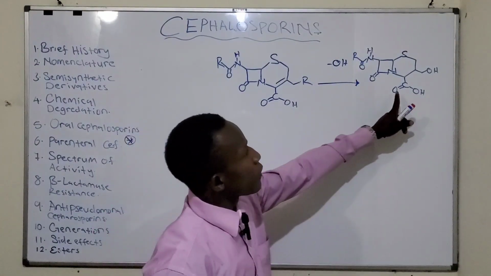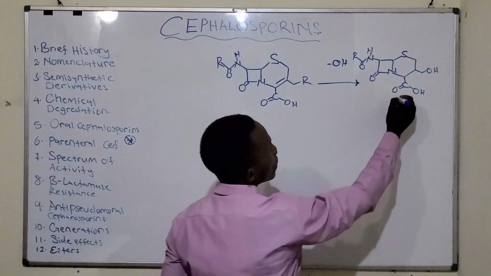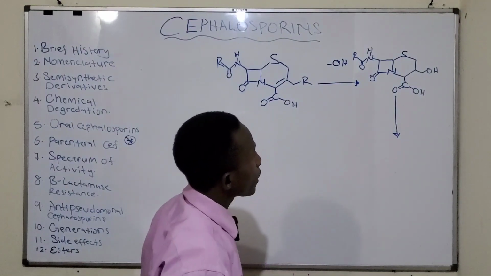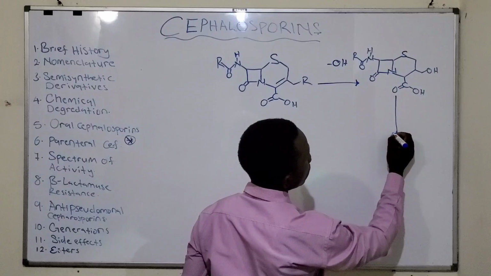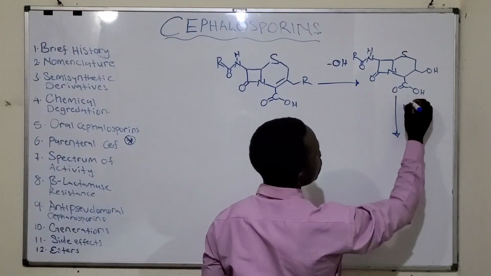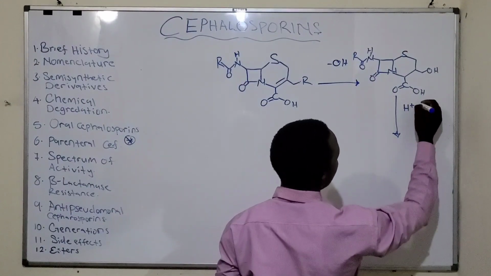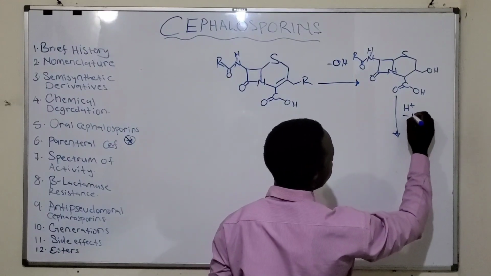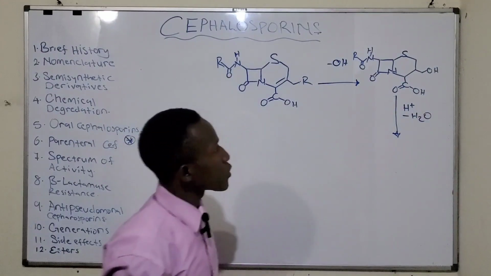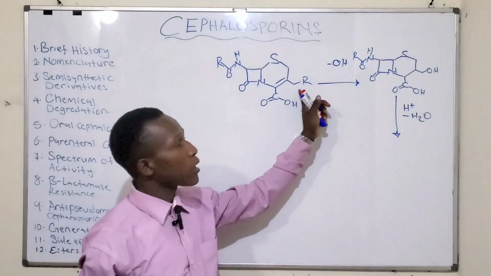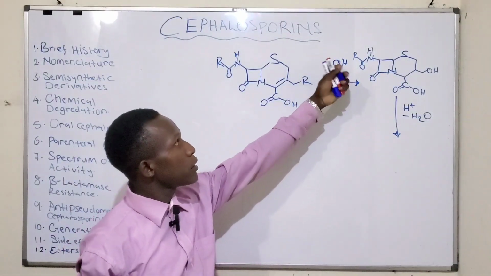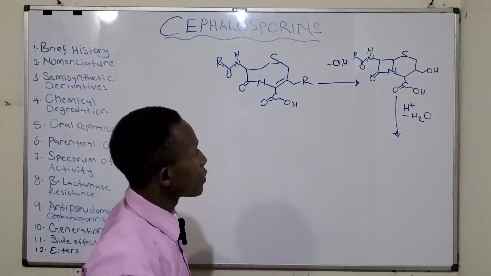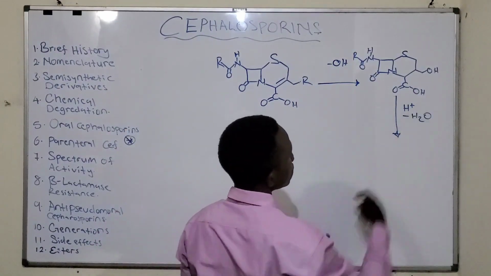Now, forming this structure will undergo lactonation in the presence of acid, where we lose water. That's why most cephalosporins with a good leaving group like the acetoxymethyl group are not given orally, because they are degraded by the acid.